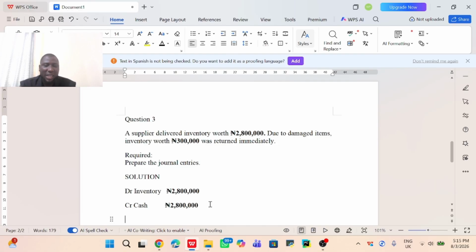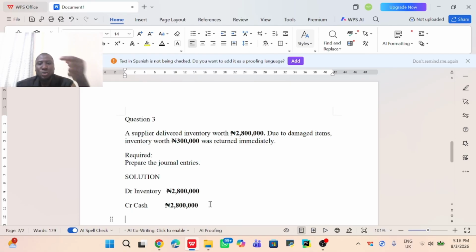When you return 300,000 naira, two things might happen. It's either they refund you immediately or they will refund you later. We have two scenarios here.